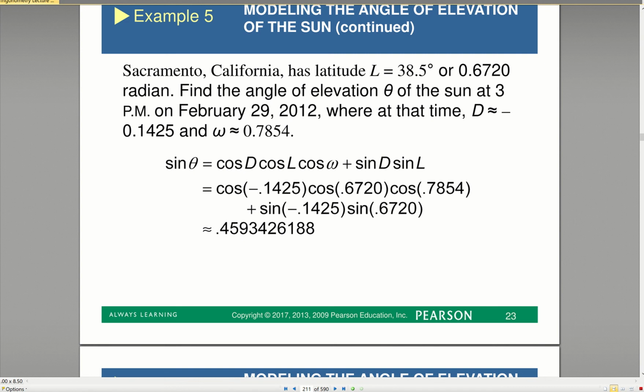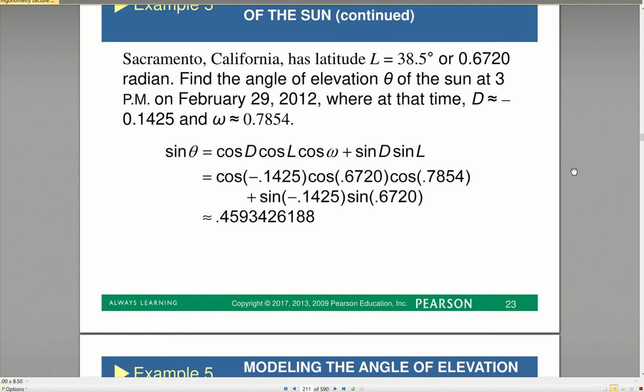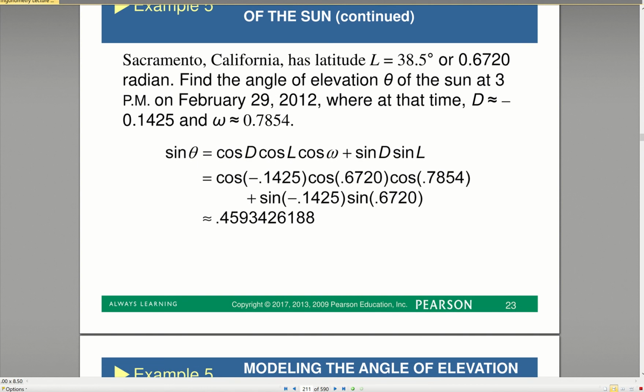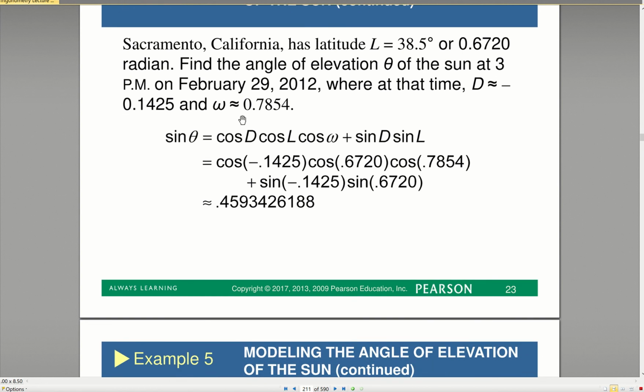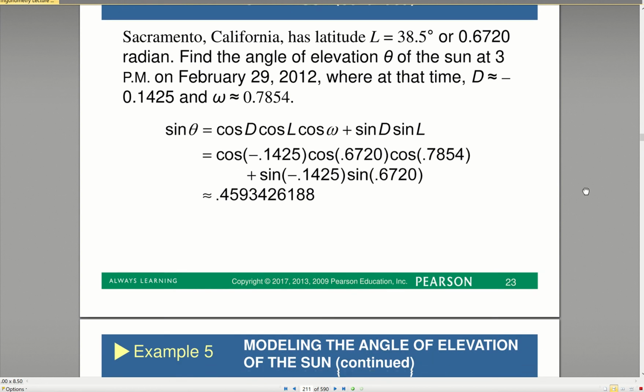Find the angle of elevation theta of the sun at 3 p.m. on this date, February 29th, 2012, and we know that the angle of declination of the sun was approximately negative 0.1425 and omega approximately 0.7854.